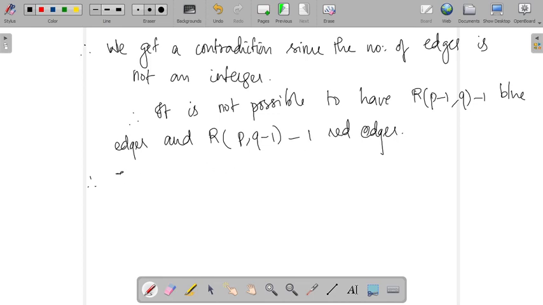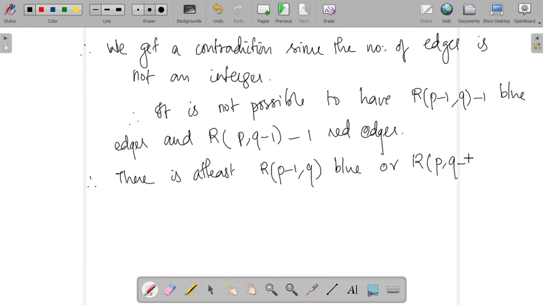So therefore there are at least R of P minus 1 Q blue edges or R of P Q minus 1 red edges. So therefore if this is the case, then R of PQ. In this case, by the previous theorem, if there are R of P minus 1 Q blue edges or R of P Q minus 1 red edges, you will have a P clique or a Q clique in it.